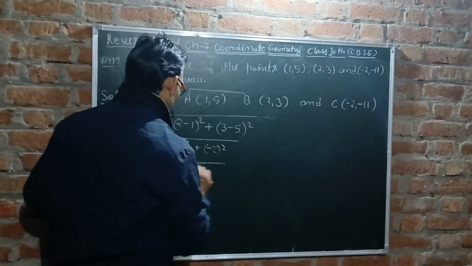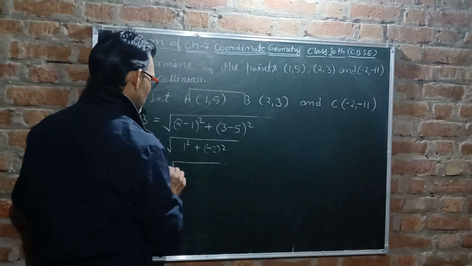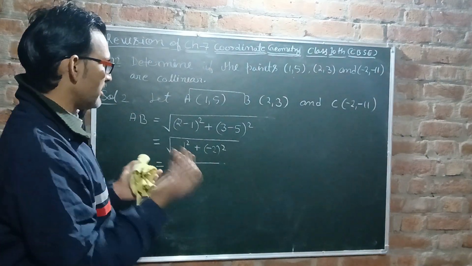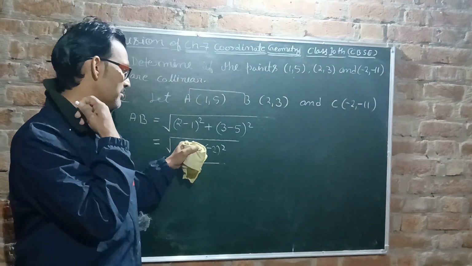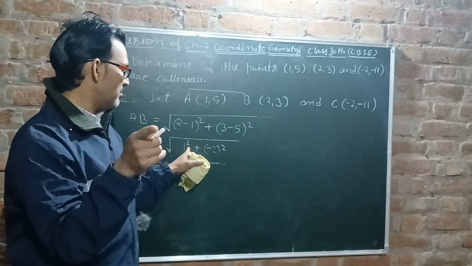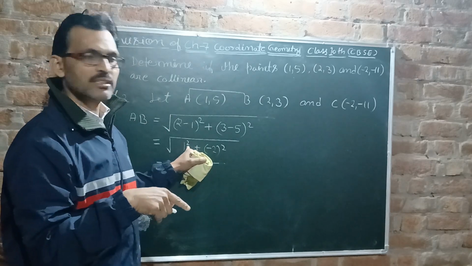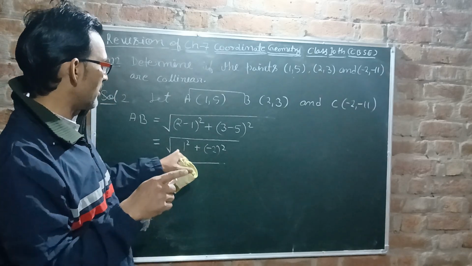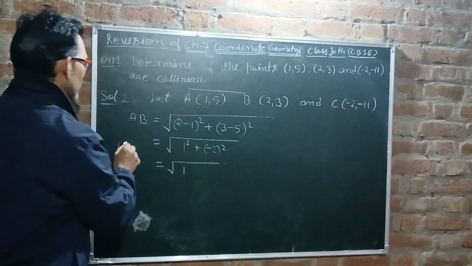Now 1 square, you know very well, that is square of 1. The power denotes that you multiply that number by itself that many times, that is 2 times. If the power is 2, you multiply the number 1 two times, that is 1 into 1.